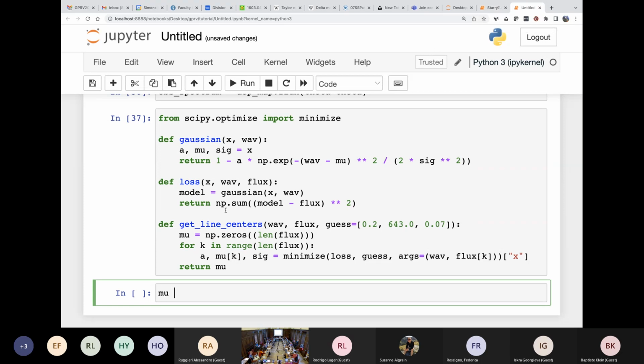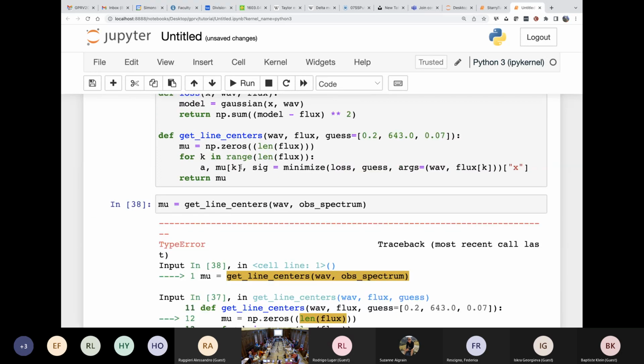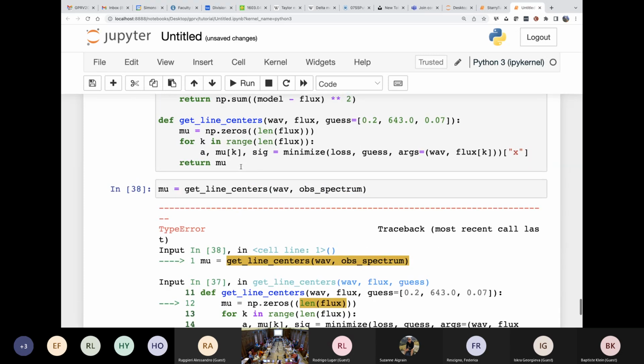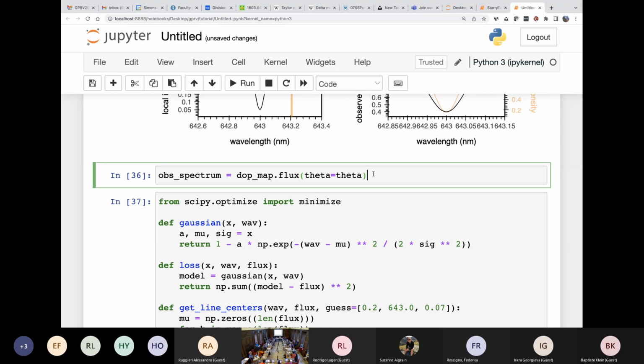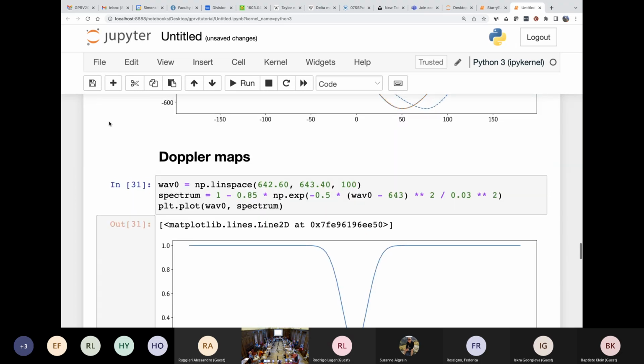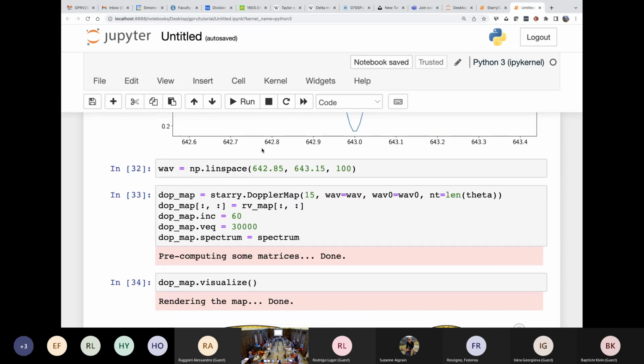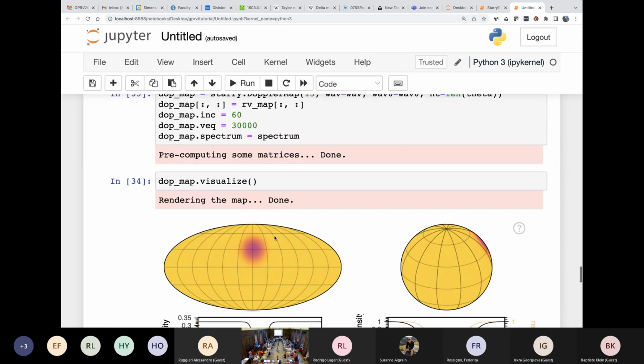So let's do mu equals get line centers. I'm going to pass in the observed wavelength array and the observed spectrum. Oh, right, I forgot to pass lazy equals false when I created this map.